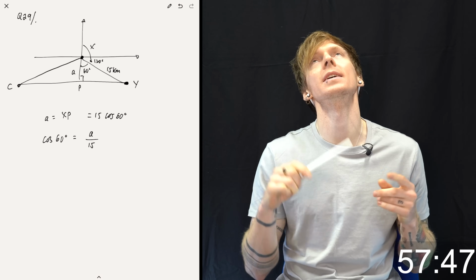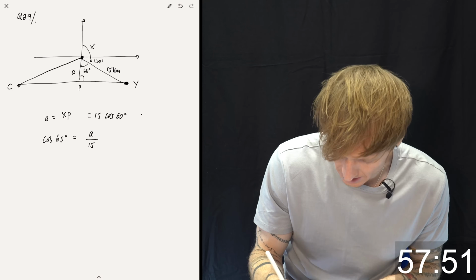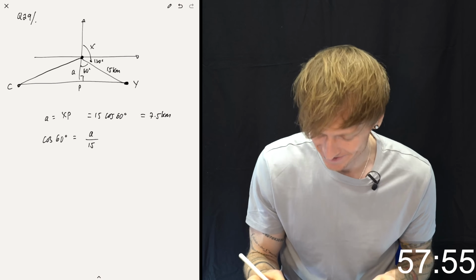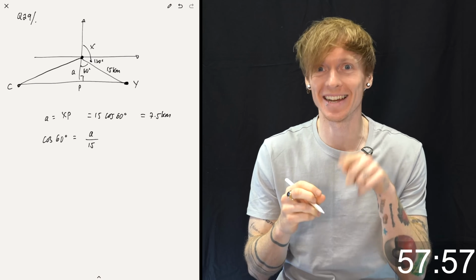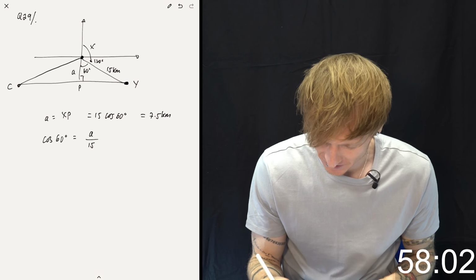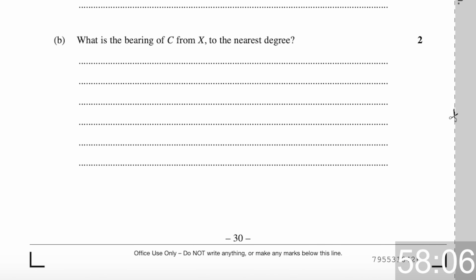Cosine of 60 is a half. So I think it's 7.5 km without a calculator, because I know my 30, 60, 90 values for sine and cos. Helpful. 7.5 km, I think. What am I doing next?